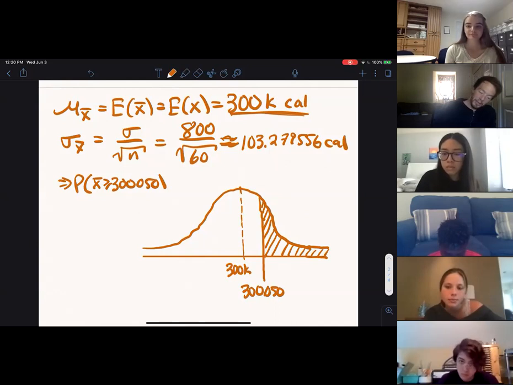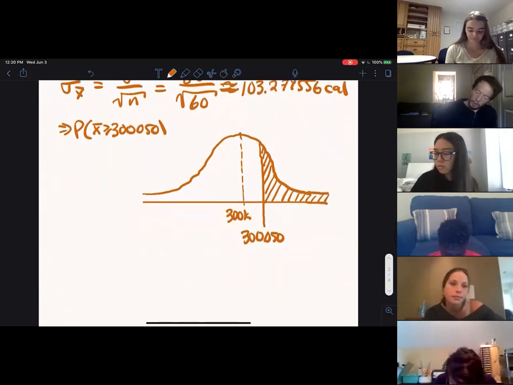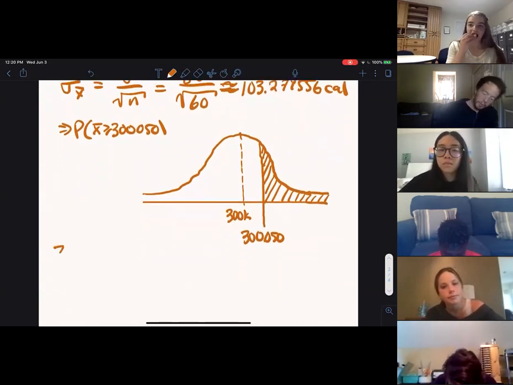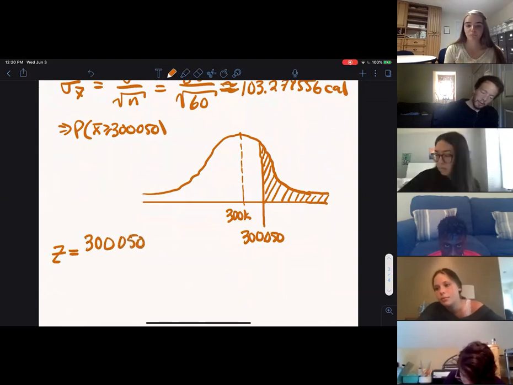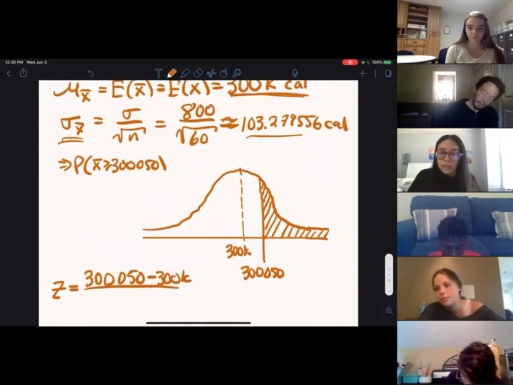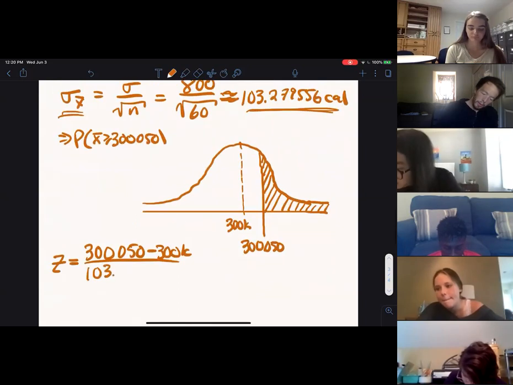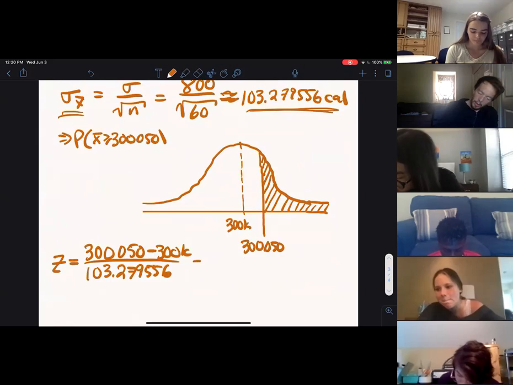This is certainly something that we have learned how to do. We have all of the parts, so let's just move ahead with the procedure. We start by calculating our z-score. Our standard deviation is the standard deviation of x bar, which is calculated right here: 103.2795556. I went ahead and calculated this for us. It's this number.